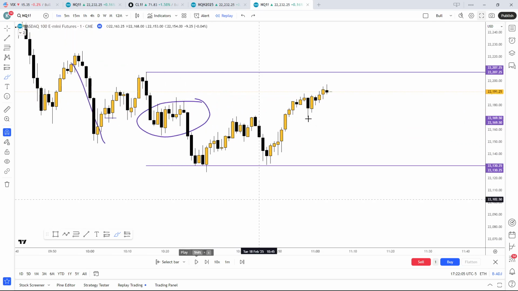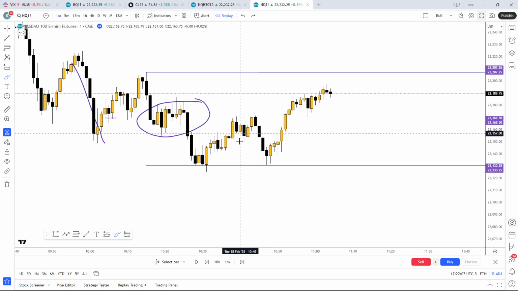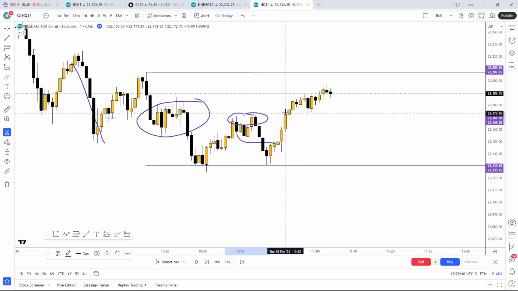Right? Now you'll notice as well, internal failure, that's when things start getting a little dicey. Right? Because now order flow has shifted. The market is telling us, at least right now, we don't want to go higher than this.